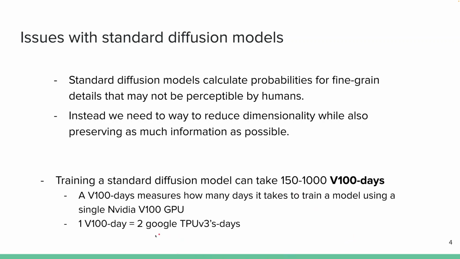If you're coming from Google, it's about 2 Google TPU days for one V100 day. So in terms of speed, this is relatively slow. And it also requires a ton of computational power, which can basically put off a lot of researchers who don't have as much money or computational power to run these high-powered models.